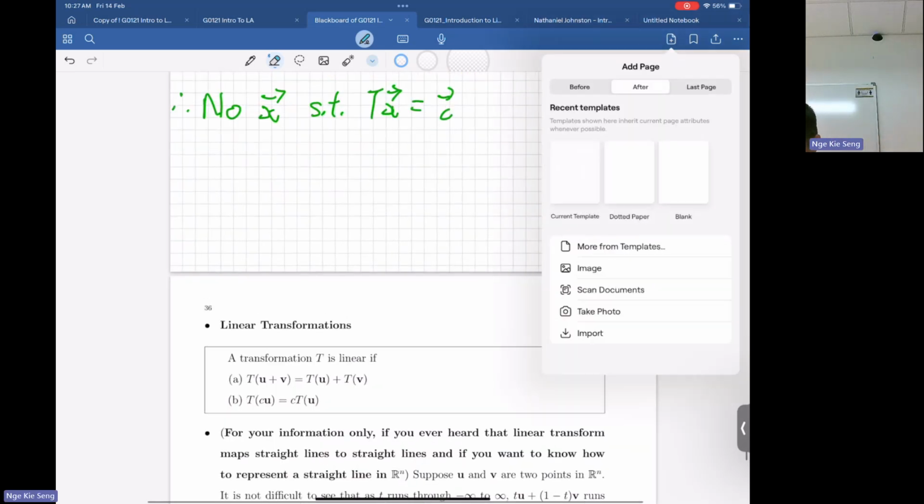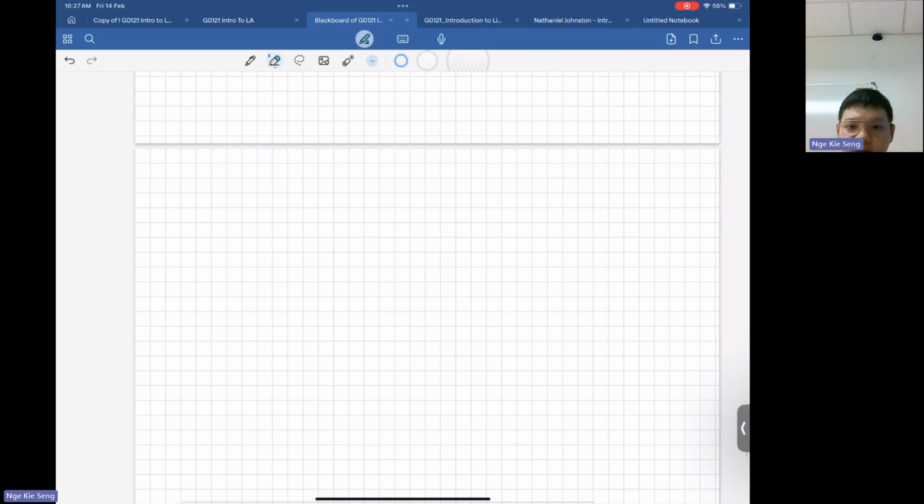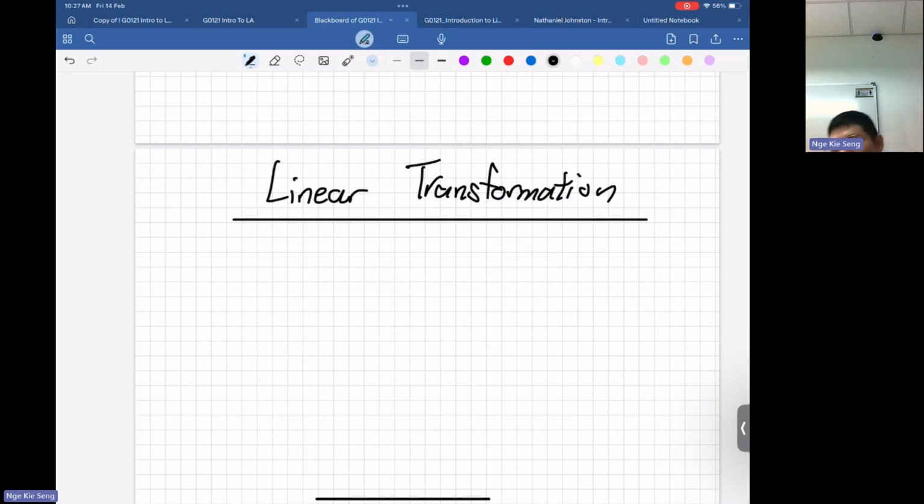Next, we will talk about a specific transformation here. This is called a linear transformation. Whatever you do in linear algebra, all the words will have the adjective linear also: linear independent.